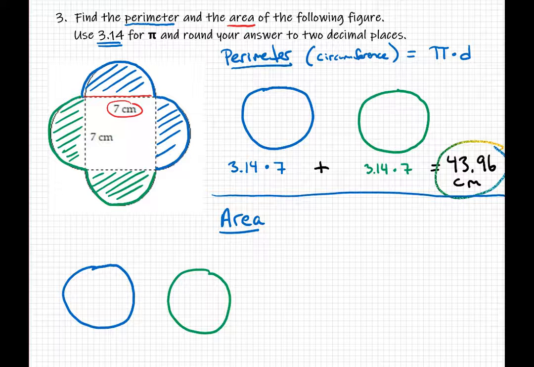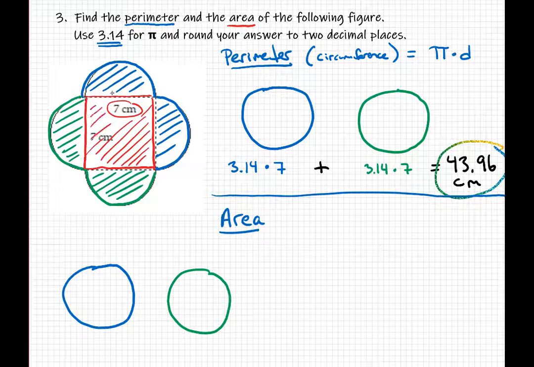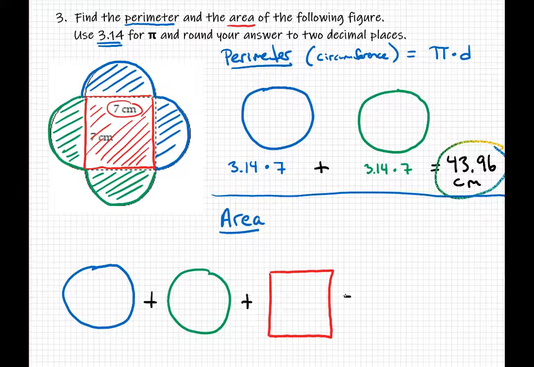And then let's switch to red. Then we have this square in the middle. Now we didn't use the square for perimeter because that's on the inside, but area is the inside space. So basically, circle plus square equals the area.